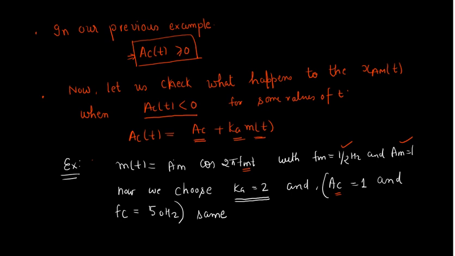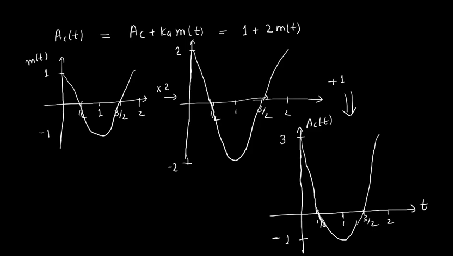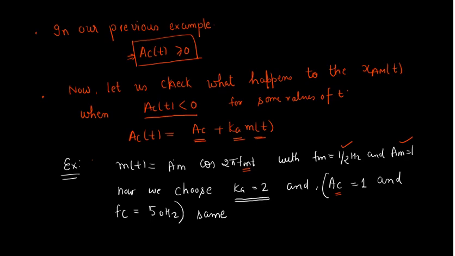So this was our objective, and let's first plot a(t) for these parameters and check whether a(t) is negative for few values of t or not.